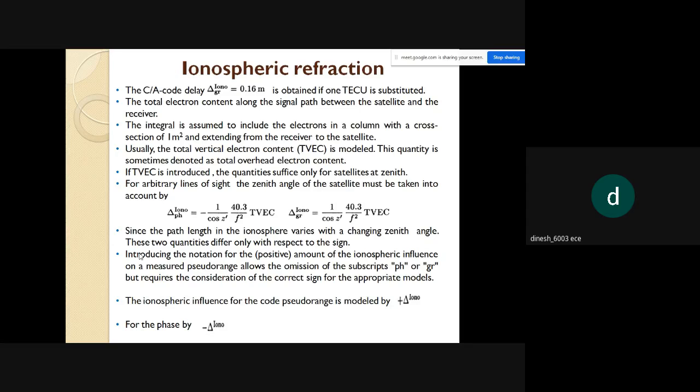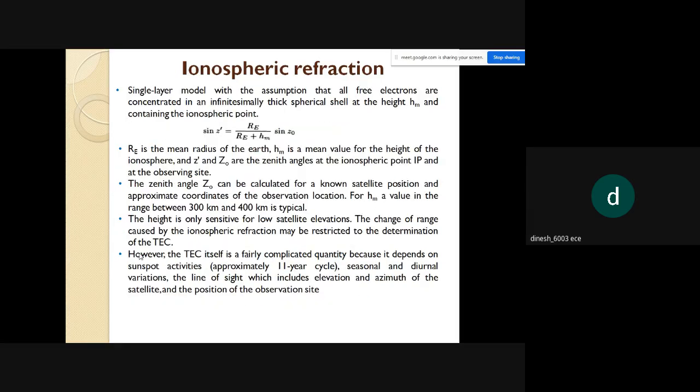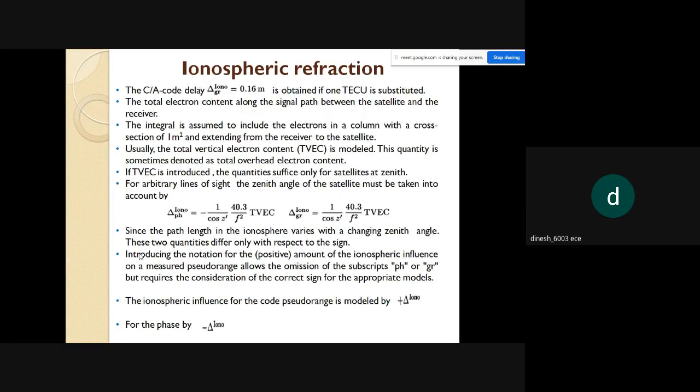So for phase, the ionospheric refraction is always minus del Iono, where del Iono is equal to 1 divided by cos z dash times 40.3 divided by f squared times TVEC. Whereas when you write in terms of plus del Iono, we get plus 1 divided by cos z dash times 40.3 divided by f squared times TVEC. So this is your ionospheric refraction model. Instead of ph as phase or gr as group velocities, we are writing in terms of signs, positive and negative.